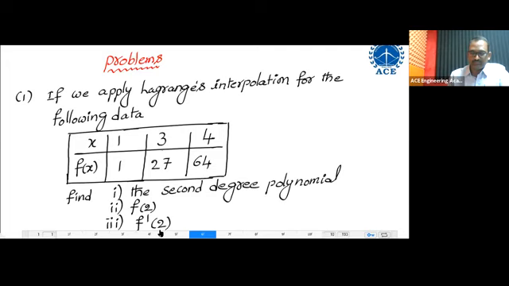Suppose you are given 3 points, you will get a second degree polynomial or less. Suppose you are given 4 points, you will get a third degree polynomial or less. If n points are given, you will get an n minus 1th degree polynomial or less.